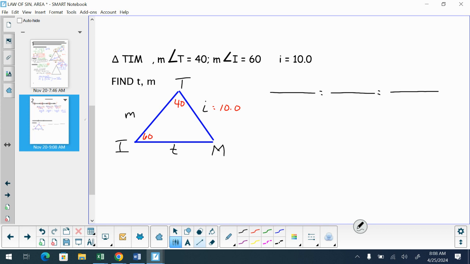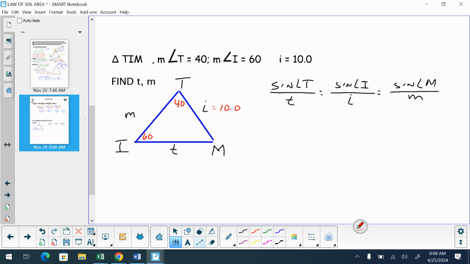This is the test right here. If you try to do too many things at one time, you're going to make mistakes, and your opportunity for a grade that you may need for this class is going to start to dwindle a little bit. So just the KISS principle, keep it simple. The sine of angle T over little t, sine of angle I over little i, sine of angle M over little m. Those are your 3 law of sines ratios.